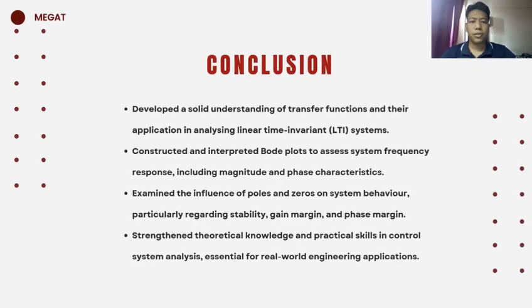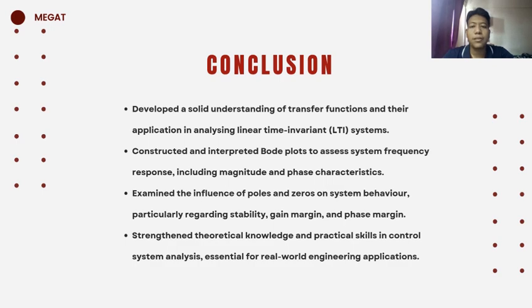Now we come to the conclusion of the presentation. This section summarizes the key takeaways and learning outcomes from the analysis and discussion presented earlier. First, we developed a solid understanding of transfer functions and their application in analyzing linear time-invariant systems. Secondly, we constructed and interpreted Bode plots to assess system frequency response, including magnitude and phase characteristics. Third, we examined the influence of poles and zeros on system behavior, particularly regarding stability, gain margin, and phase margin.